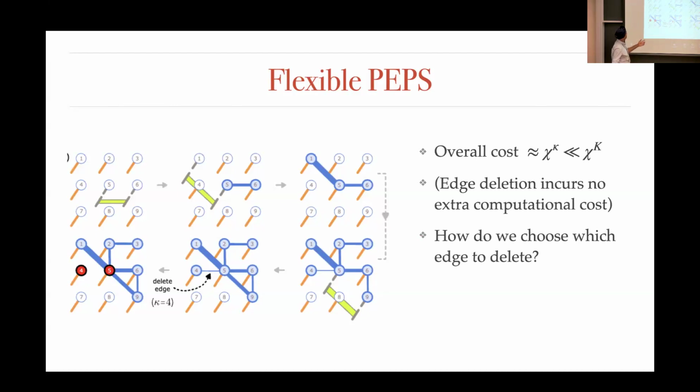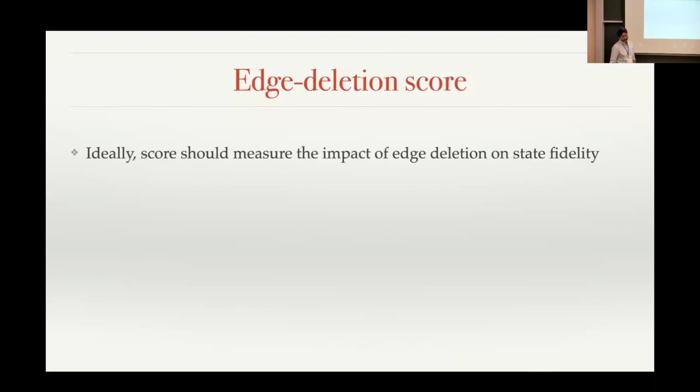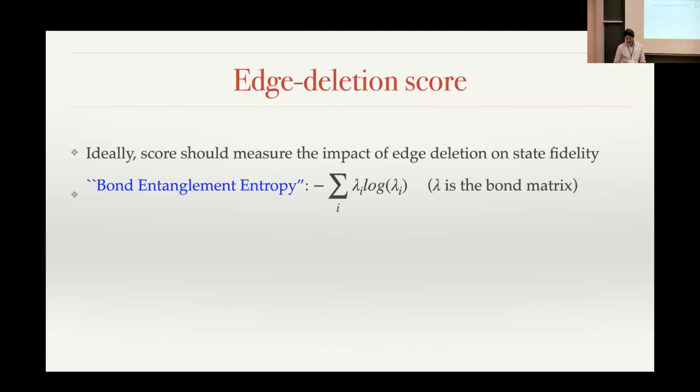So how do we choose what edge to delete? That's really the main decision to be made here. And for that, we assign a score to all the bonds in the network. And then we go ahead and delete the bond with the smallest value of the score. So ideally, the score should measure the impact of the deletion on the state fidelity. So the score we use is this one. This lambda is the bond matrix that's sitting on all the edges, and we just compute the entropy of that.